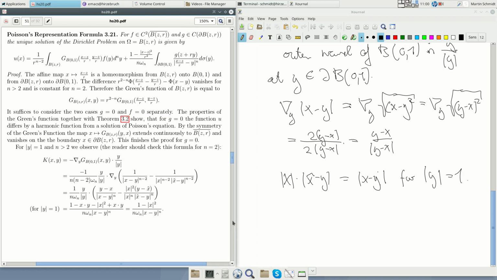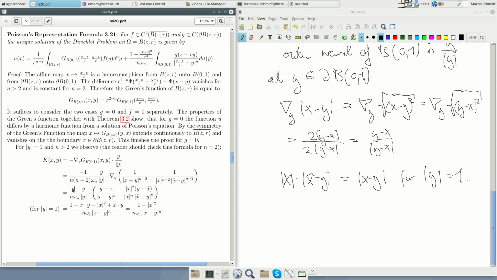Now we use this, because we calculate this only for this. So if we insert this, we know the bottom terms are equal, so we can bring it into this form and write this term here. Now this is of course 1, so by our assumption we can neglect it.